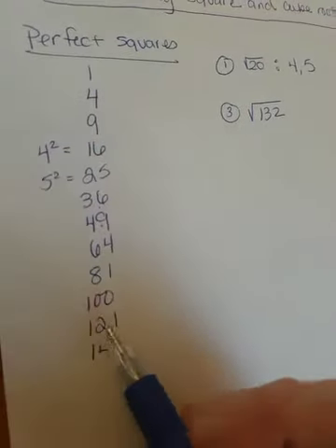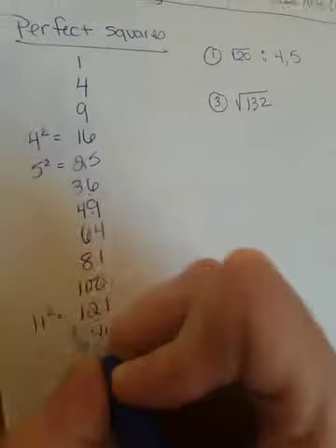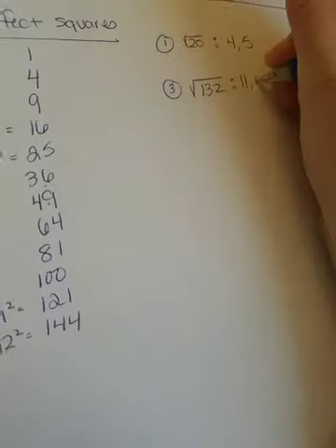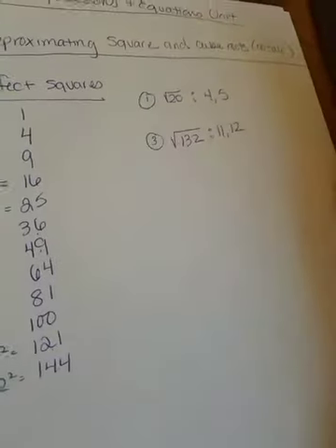Well, how'd you get 121? You did 11 squared. And how'd you get 144? You did 12 squared. So to answer that question, the square root of 132 is between 11 and 12. Smaller number first. Hopefully that makes sense.